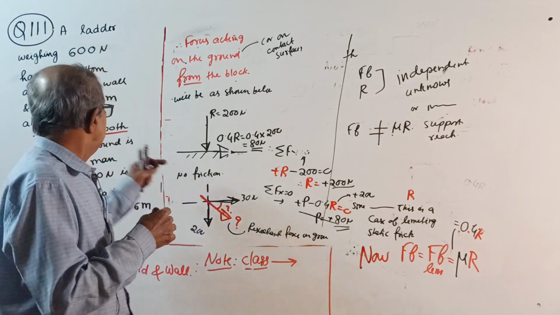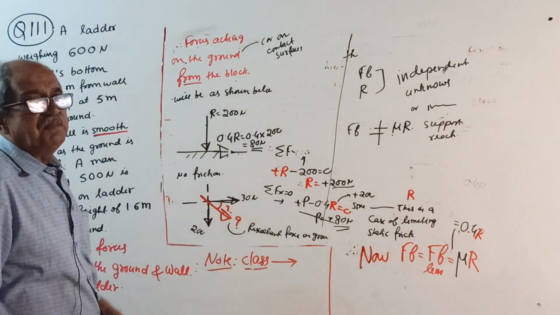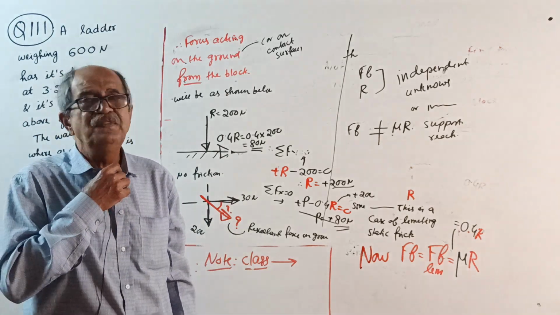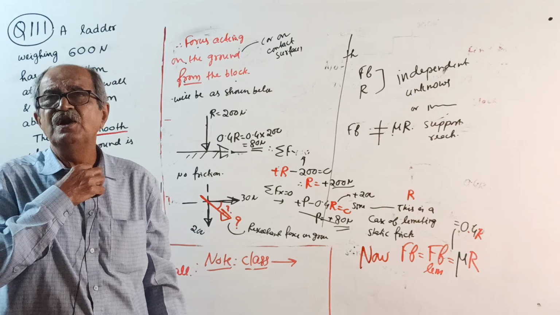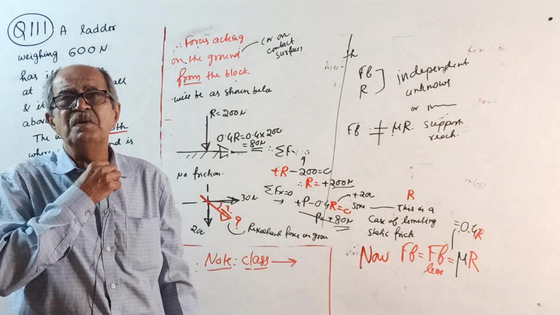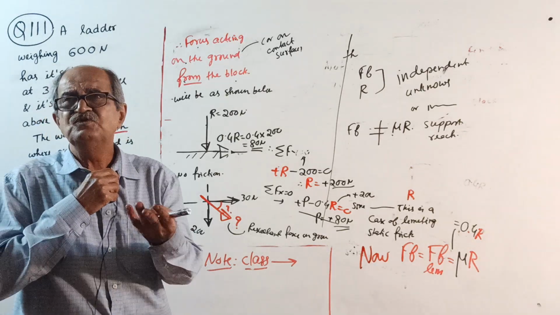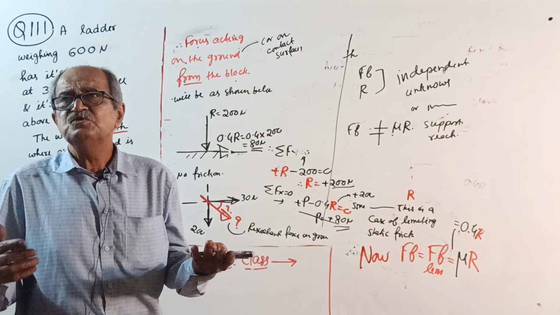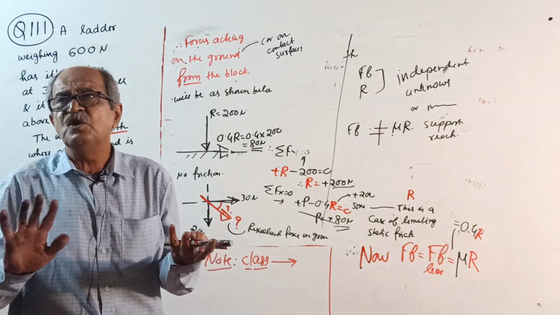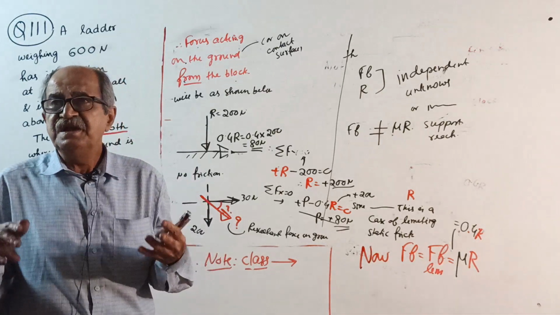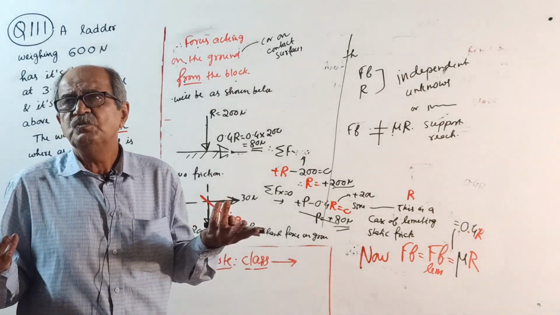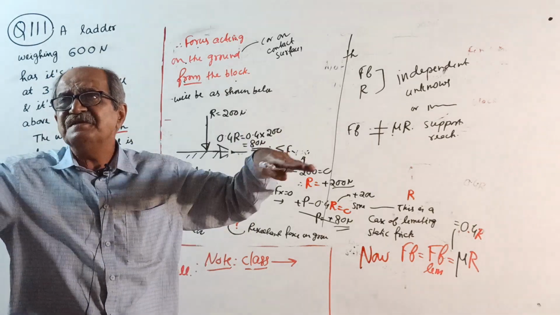The person who sets the question should have at least the common sense to check whether it can be solved using equilibrium conditions. If he sets a question which you cannot solve, write that it is statically indeterminate and we cannot solve it at the engineering mechanics level. Don't write that the solution does not exist.